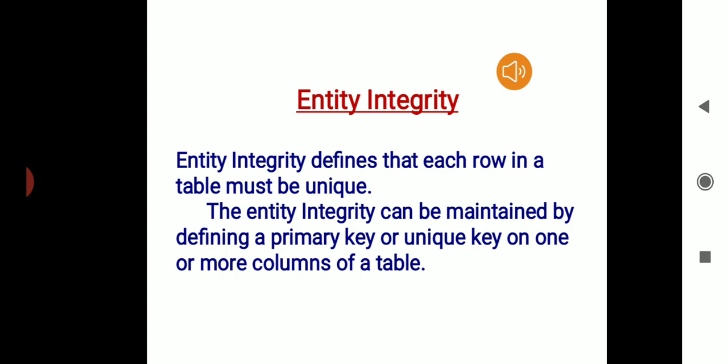Let's start with the first data integrity, that is entity integrity. Entity integrity ensures that every row in a table is unique. Entity integrity does not support duplicate entries in a table, and that can be achieved by setting a primary key or a unique key on a column of a table.